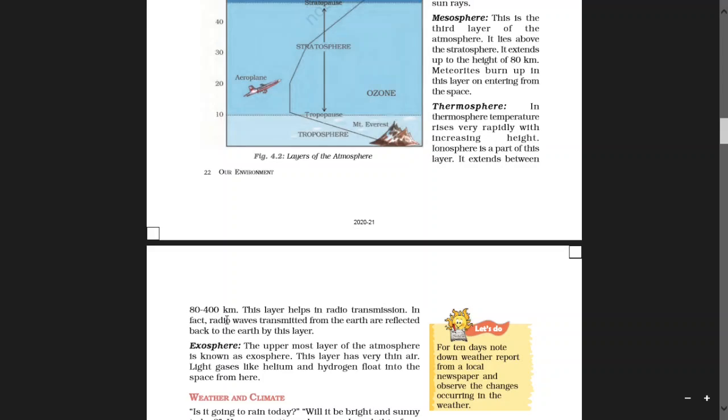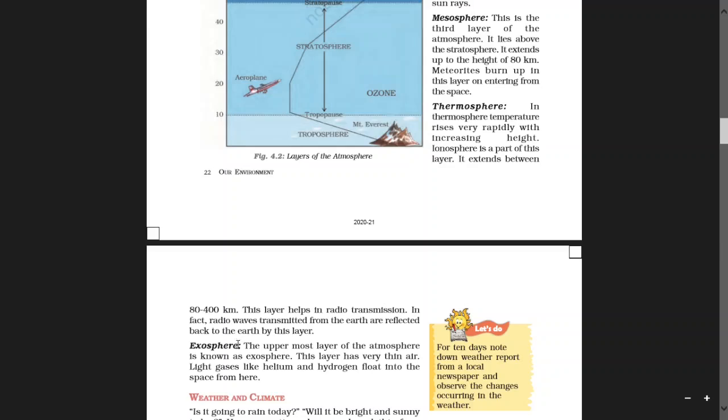In fact, radio waves transmitted from the earth are reflected back to the earth by this ionosphere only.